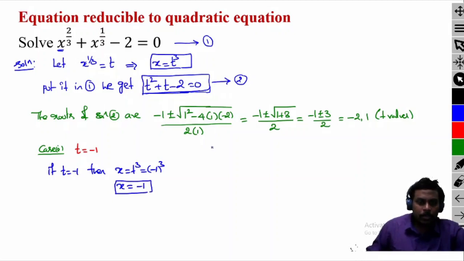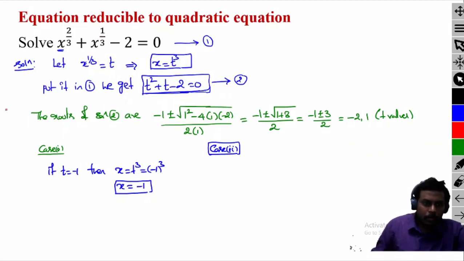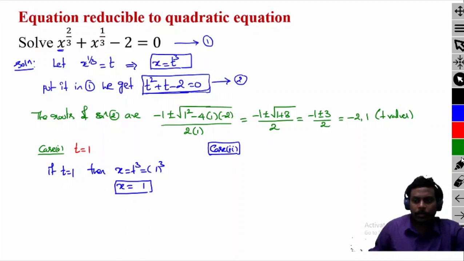Now, case 2: this t value is 1. Correspondingly, here also you will get x equal to 1. Now, t is equal to -2 here.